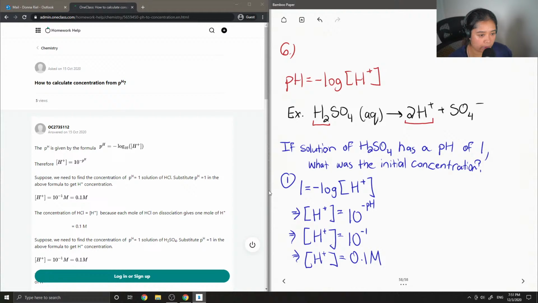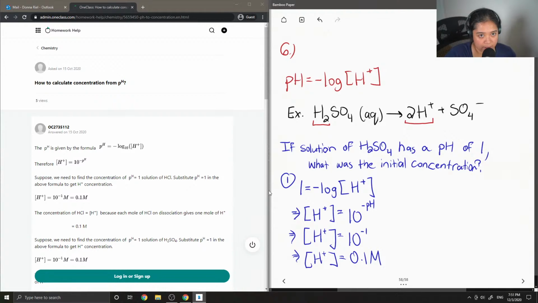Okay, so now that we know the concentration of H+, we can find the initial concentration of sulfuric acid. So I'm just going to rewrite this up here. Equal to 0.1 moles per liter.